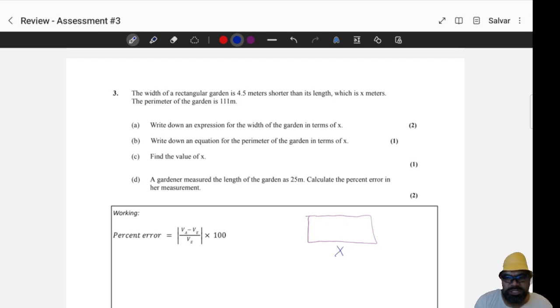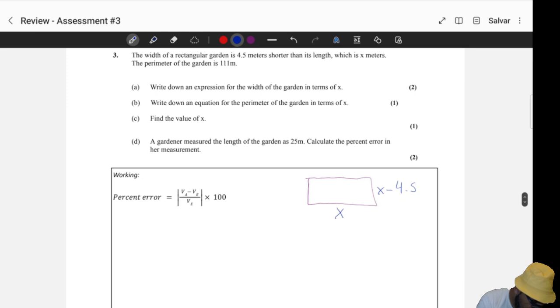How do we call the small side? Oh, it's x minus 4.5. Great. And I know the perimeter P equals 111. That's the information given.